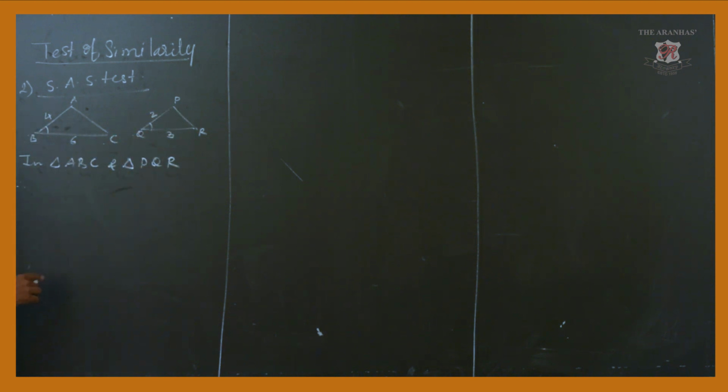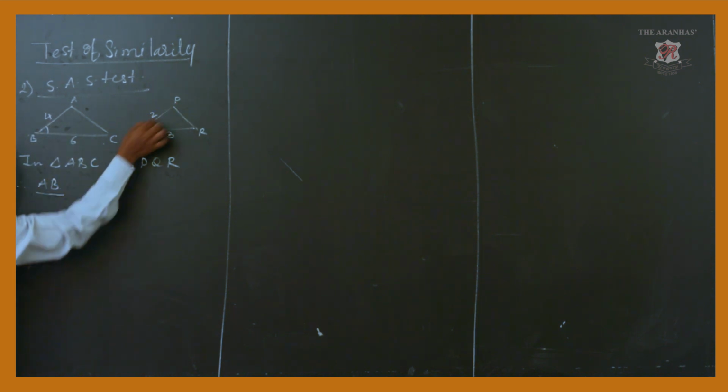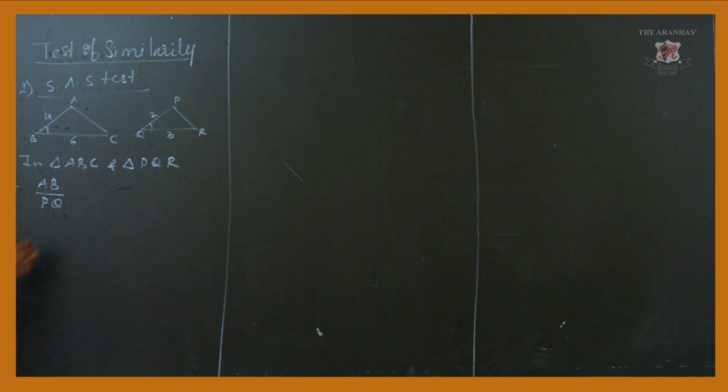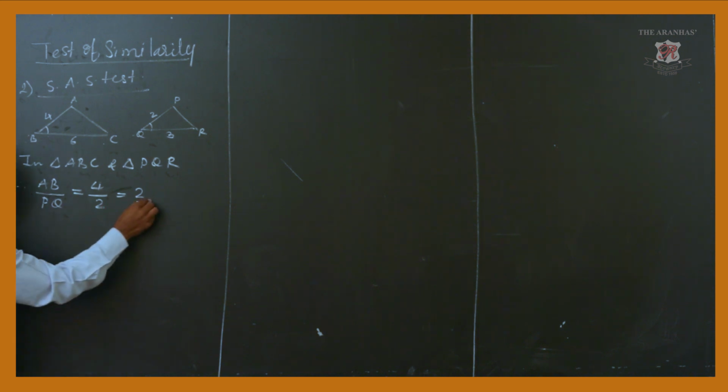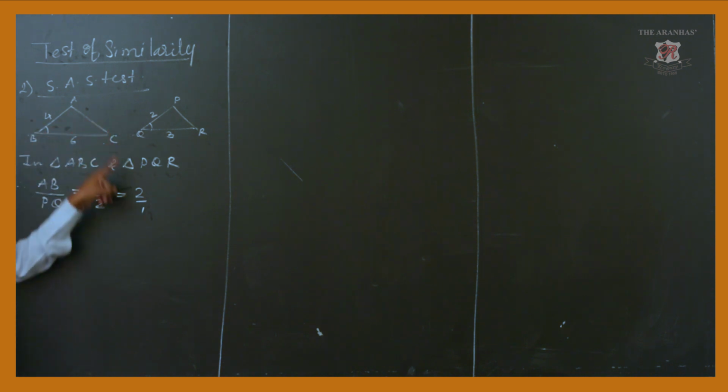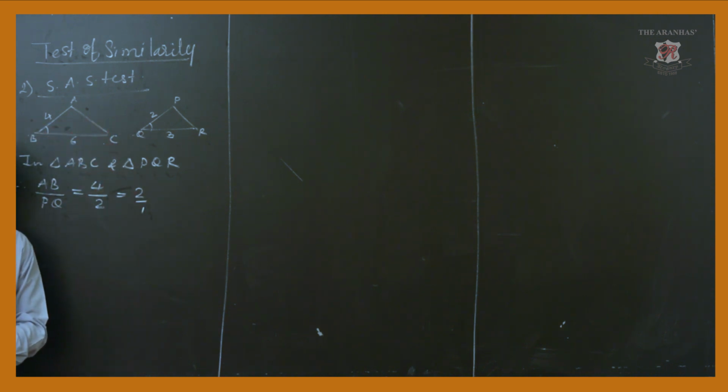According to the correspondence, the side corresponding to AB is PQ. So AB upon PQ, the values are given, 4 upon 2. It is divisible, and we get the ratio 2 upon 1, otherwise 2.